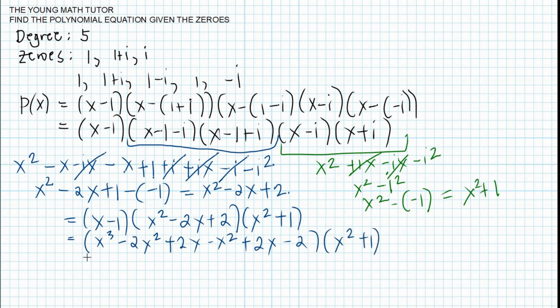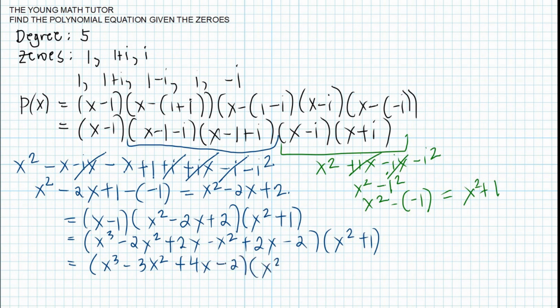So if we simplify this by combining the similar terms, that is x cubed minus 3x squared plus 4x minus 2 multiplied to x squared plus 1.